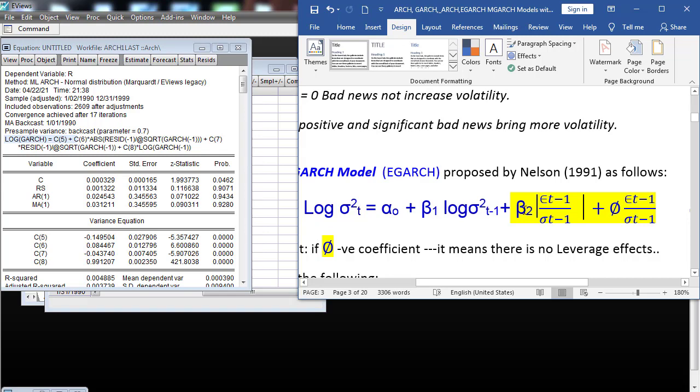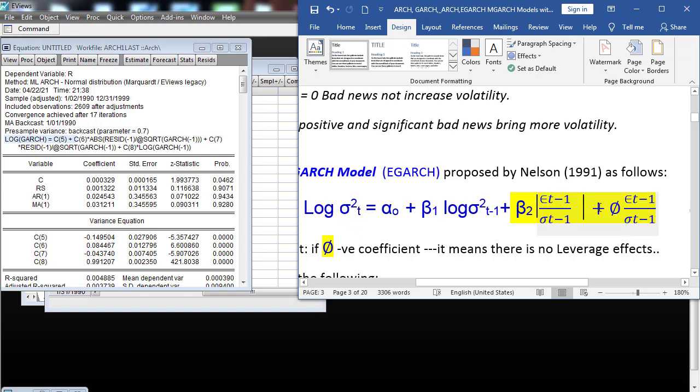And beta 2, as you can see it here, the absolute, represents 0.0844, this part here. And p-value less than 5%, which is statistically significant here. C6 is statistically significant at the 1% level, and this means that the shock has a significant impact on volatility.